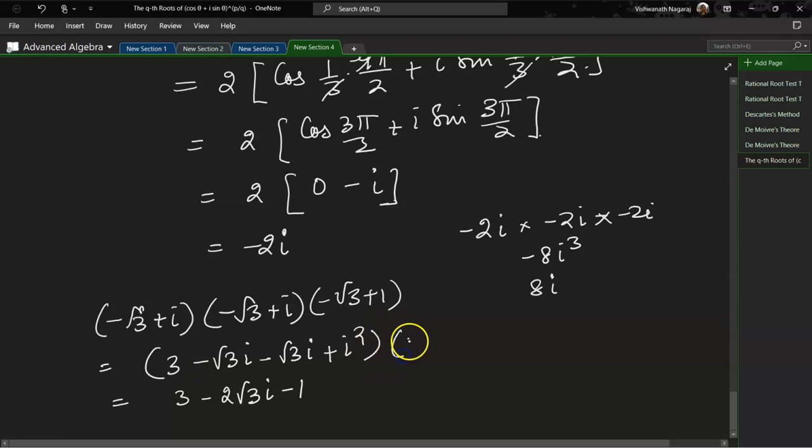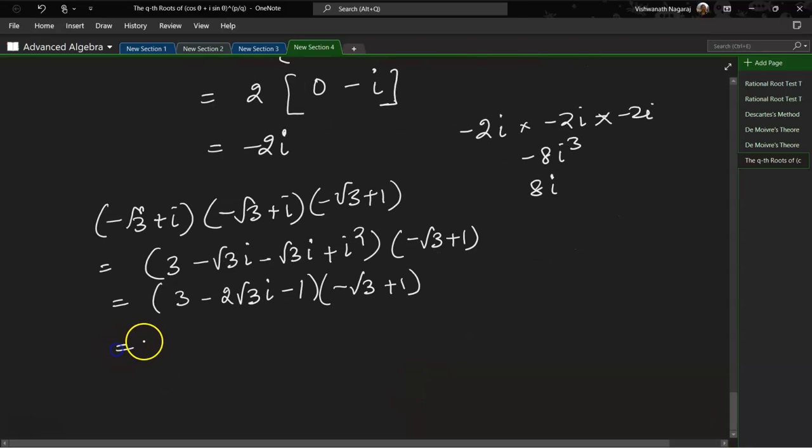Remember, we still have this minus root 3 plus I. Which gives me 2 minus 2 root 3I, times minus root 3 plus I.